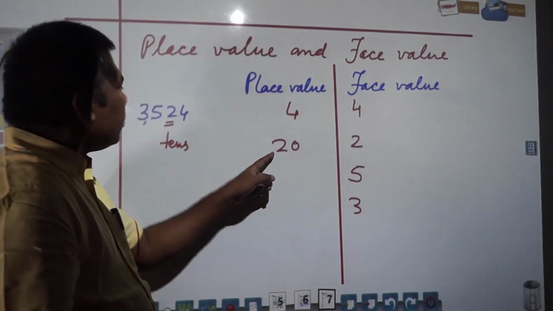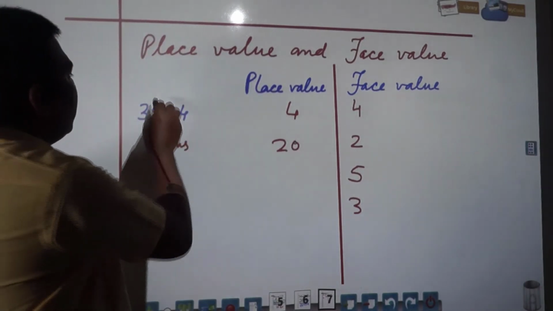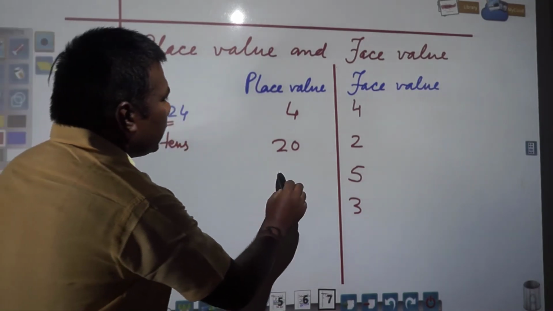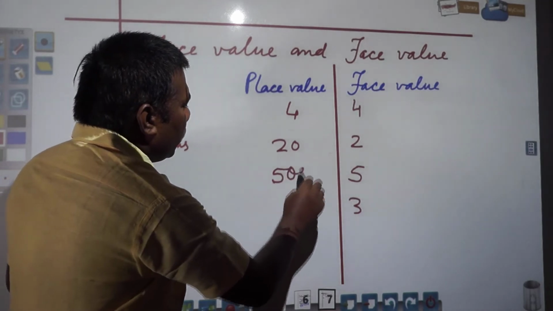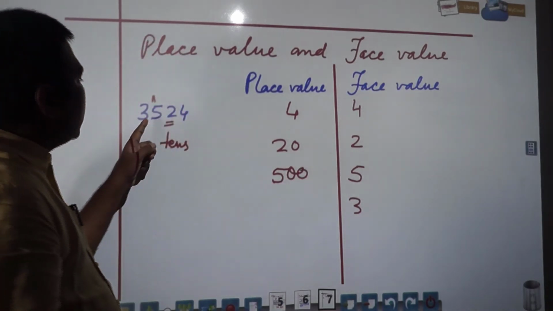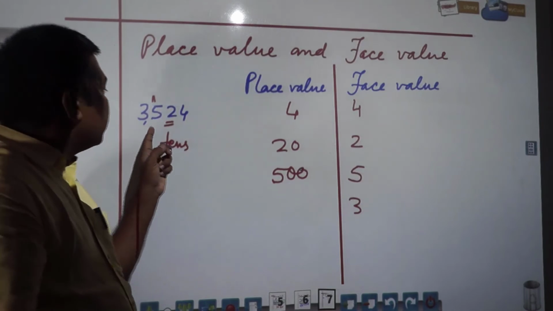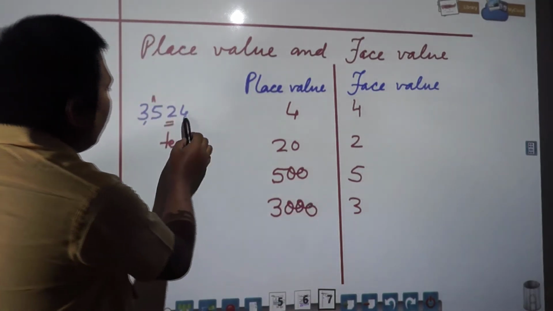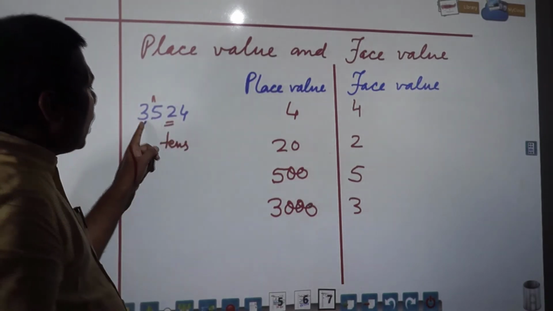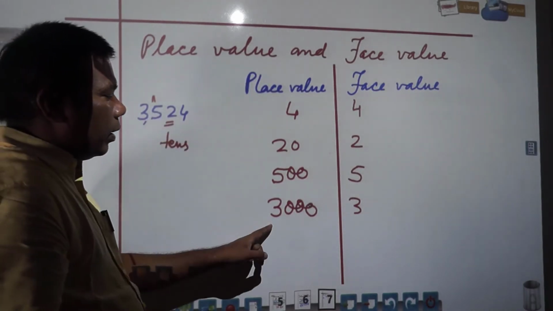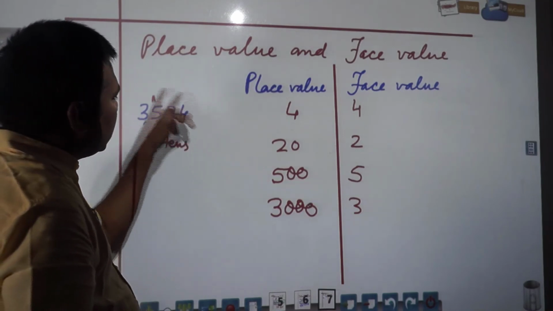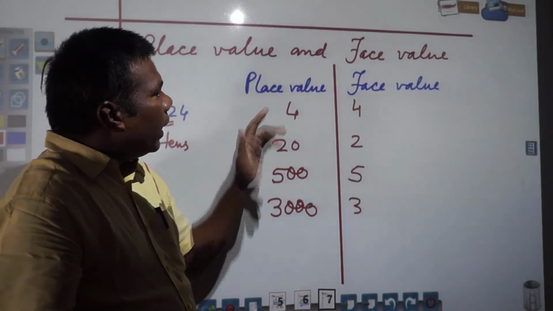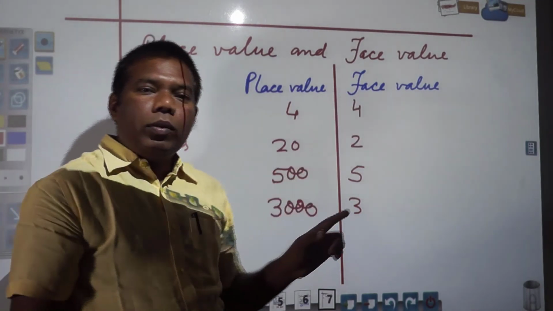The place value of 5, which is in the hundreds place, will be 500. In the same way the place value of 3 will be 3000, because it occupies the ones, tens, hundreds, thousands place. So in this way, the place value and face value of any number can be found out.